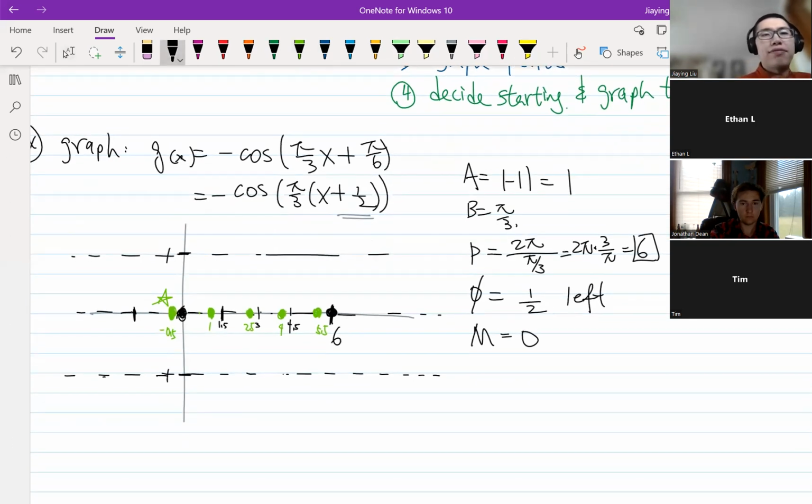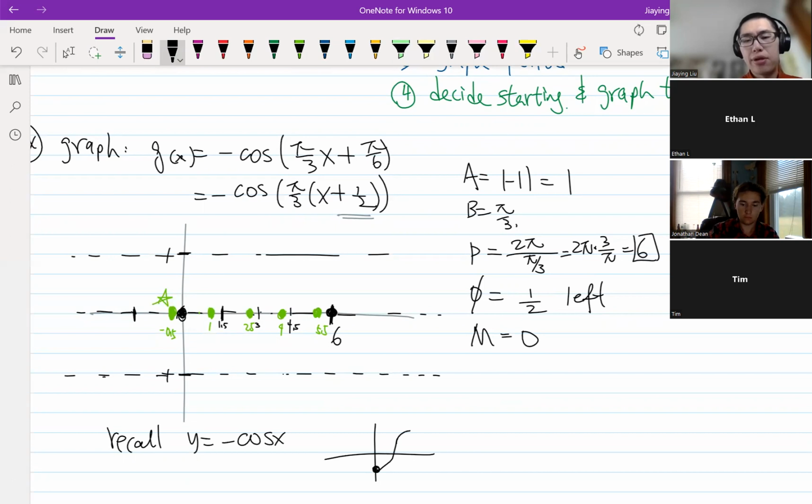Okay, so how do we graph? Well, this function is negative cosine. So recall y equals negative cosine x begins with the minimum value on the y-axis and goes up and comes back down, back to the minimum. So that's negative cosine. So I must start with the minimum value on the y-axis.